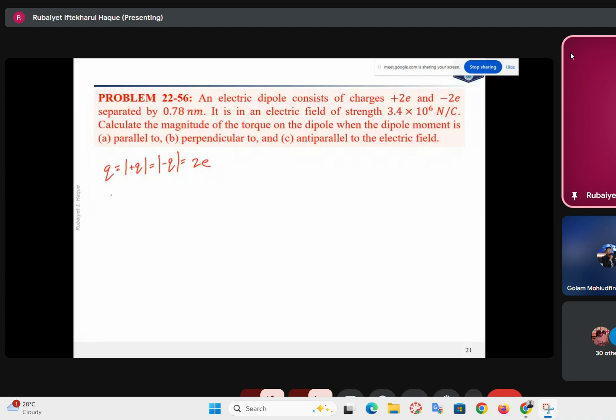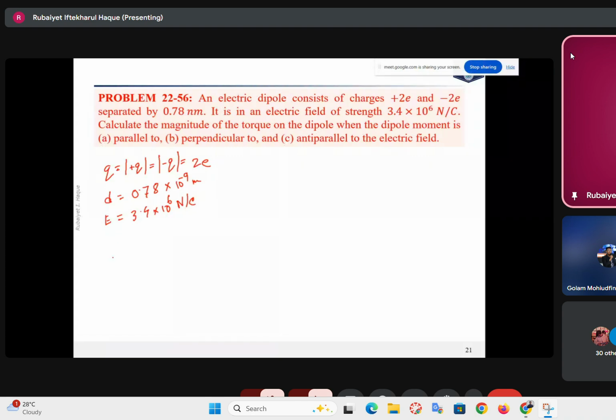This is what we have. Then we have d equals 0.78 nanometer, that means 10 to the power minus 9 meter. You have electric field strength given: 3.4 into 10 to the power 6 newton per coulomb.